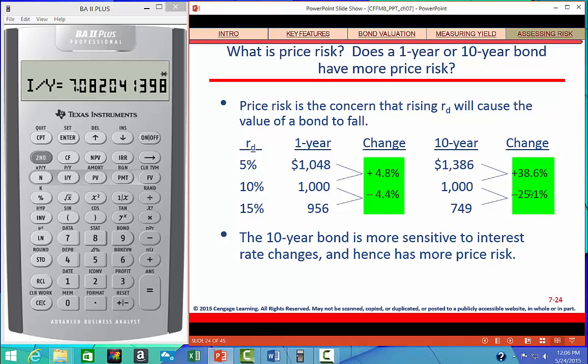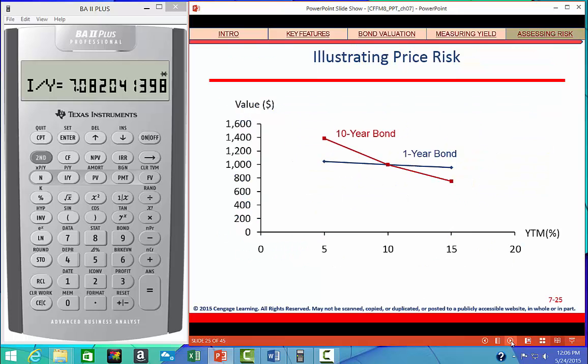So this is an asymmetrical result for changes in bond prices. And this is just a graph showing that result for the 1-year bond, as interest rates went down versus went up, and the 10-year bond. So just a graph for the previous slide that we looked at.